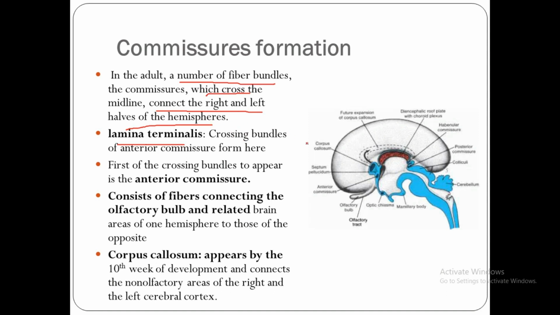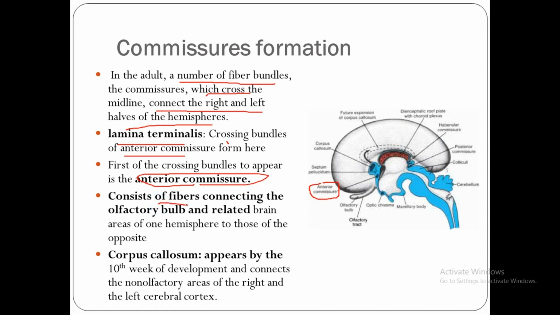So what is the lamina terminalis? The lamina terminalis is the site of the crossing bundle of the anterior commissure. First of all, the crossing bundle to appear here is the anterior commissure. So what does it consist of?